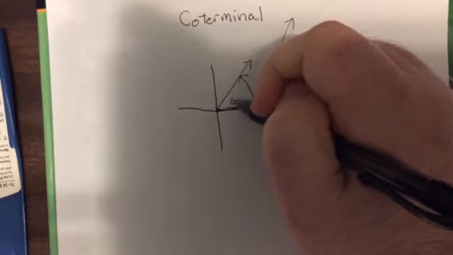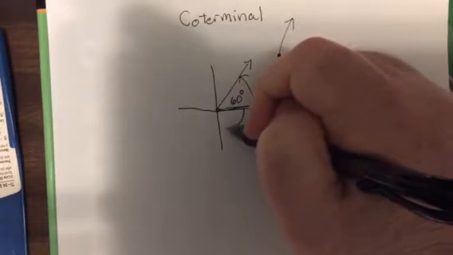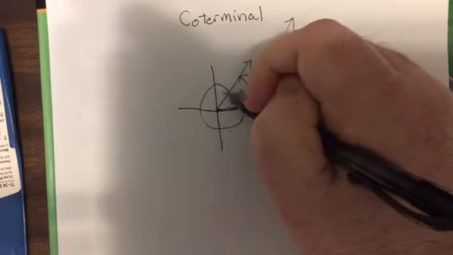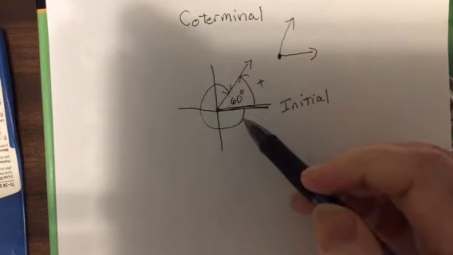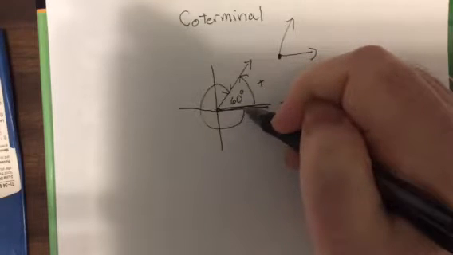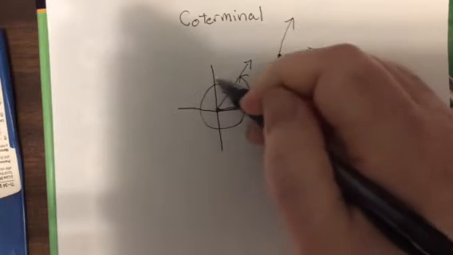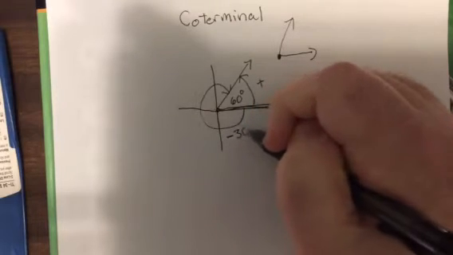So if I say this is 60 degrees, how many degrees would this be? Well, a circle is 360. So if we're short 60 degrees, that means this would be 300, but we're going in this direction, so it'd be negative 300.